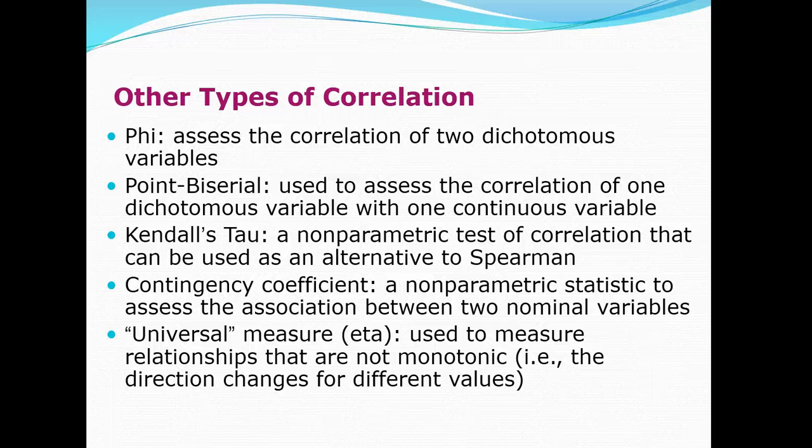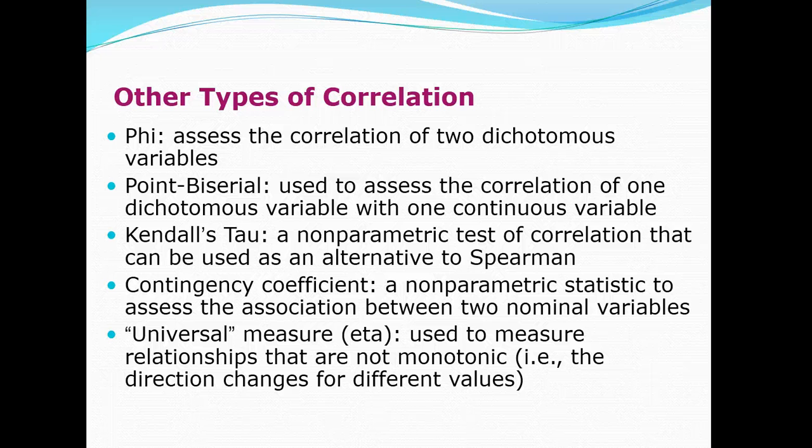And the other statistic is called the point biserial, and that is used to assess the correlation of one dichotomous variable with one continuous variable. So for example, you have a dichotomous variable that's male or female, and then your continuous variable would be IQ. So you are going to use point biserial if you want to do correlation for that.